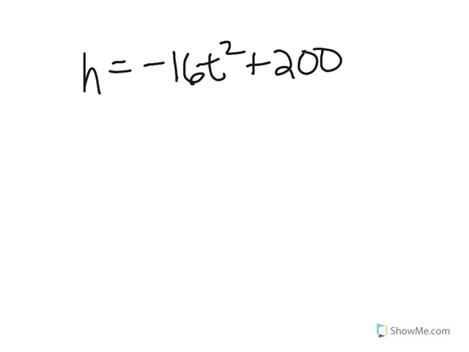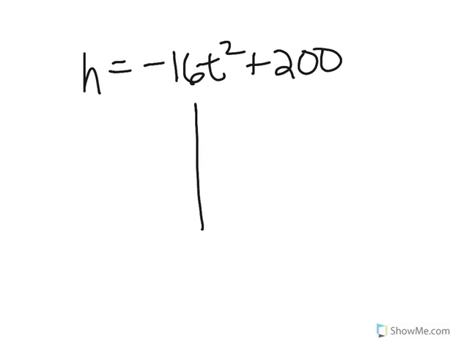Now let's consider something of a real-world problem. A bungee jumper dives from a platform. The function h equals -16t squared plus 200 gives her approximate height h in feet after t seconds. Now they didn't say it, but that equation implies some things.